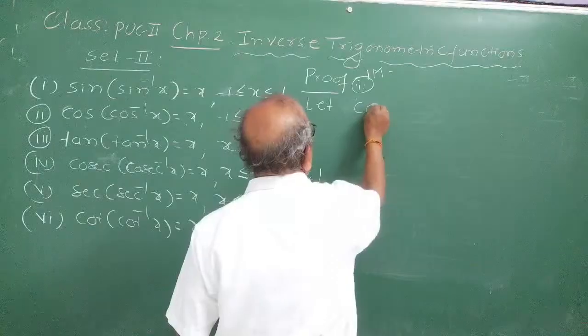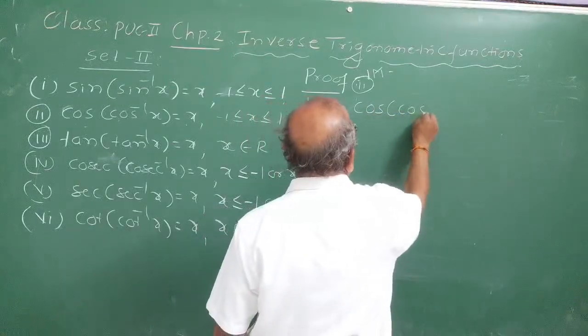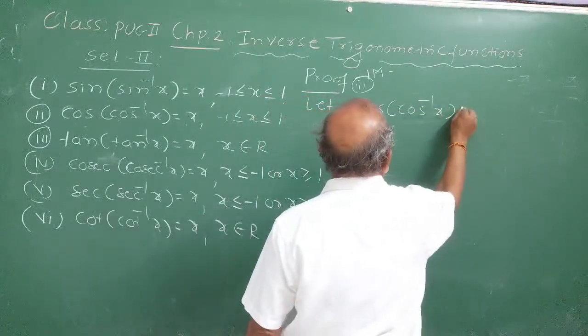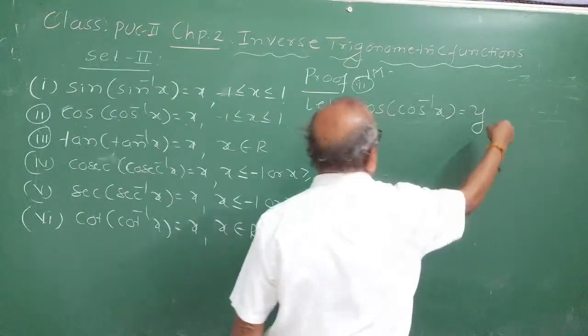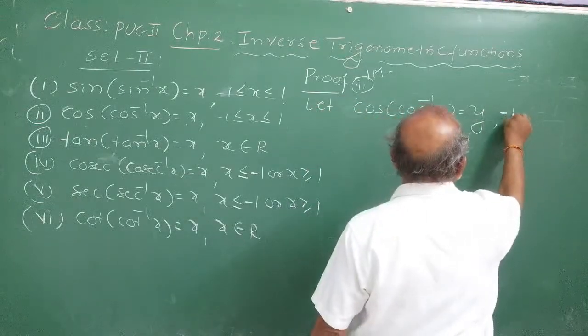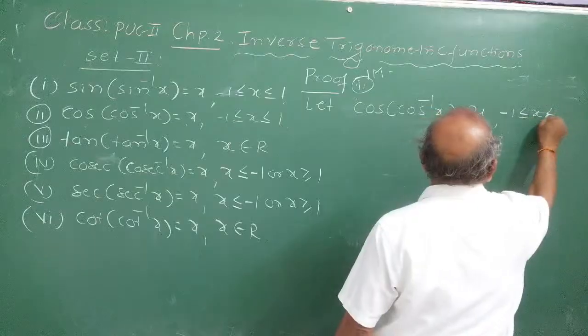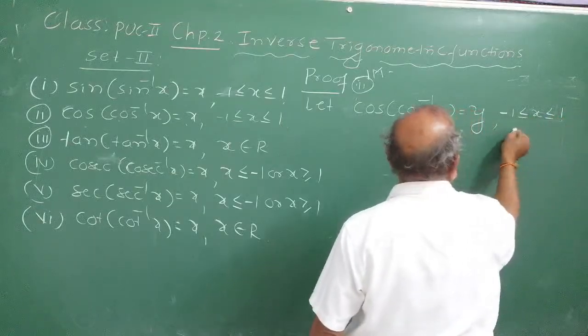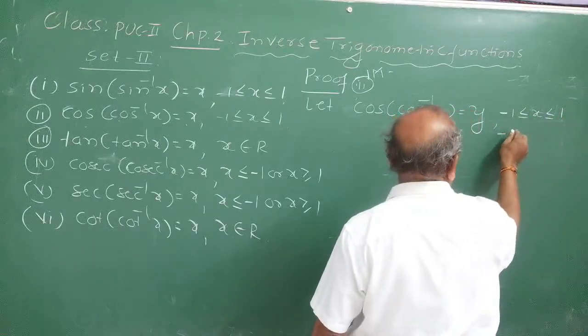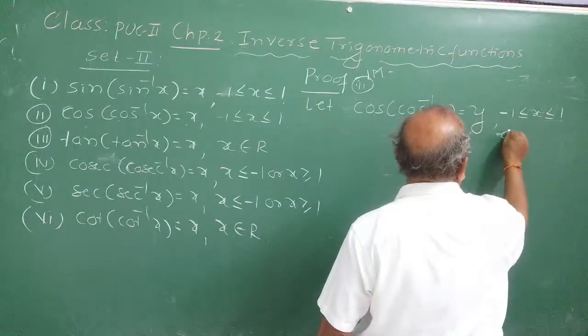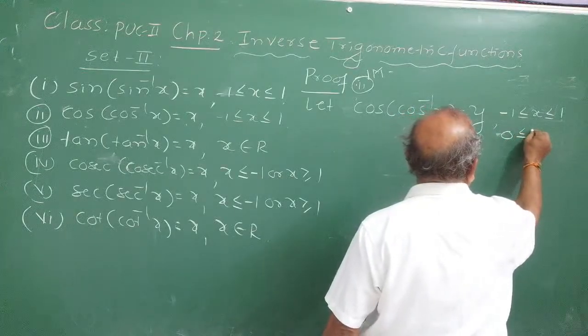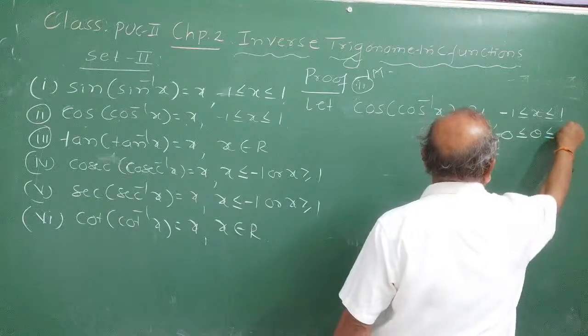Let cos of cos inverse x be equal to some value y. When x lies between minus 1 and plus 1, theta lies between 0 to pi.